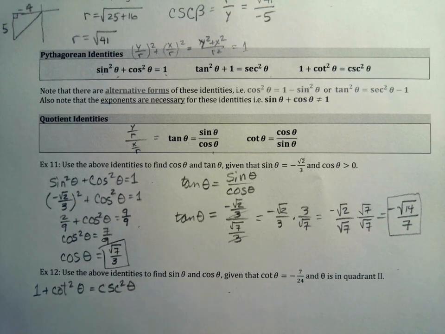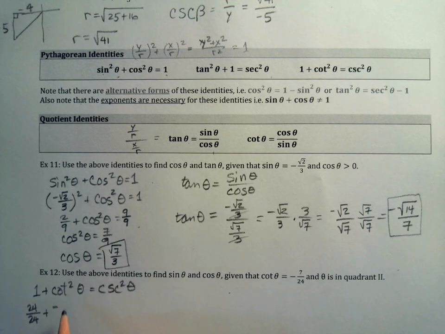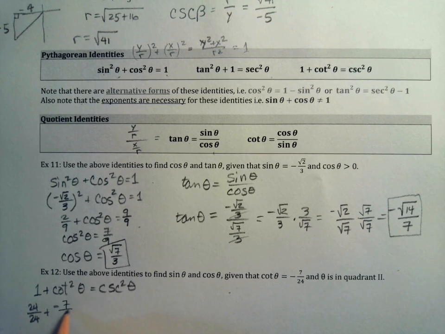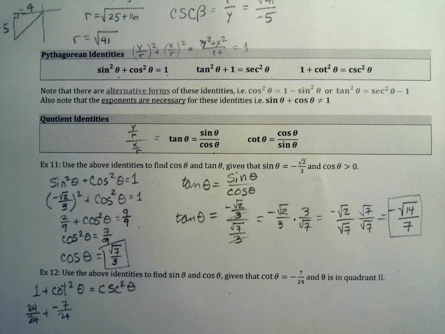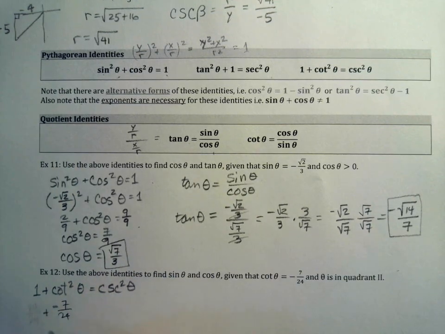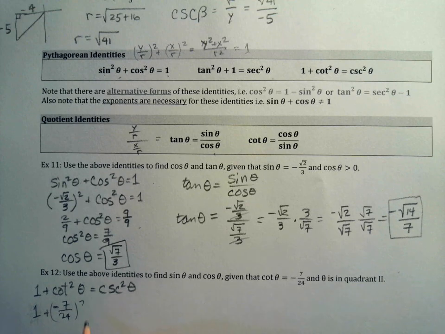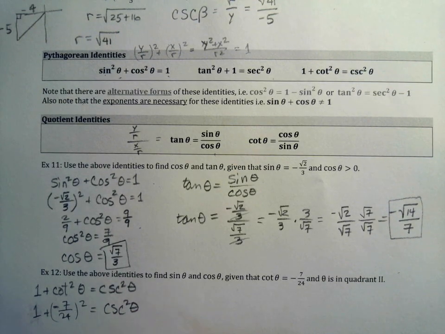All right, and now let's plug in what we know. So I'm going to write this as 24 over 24 plus negative 7 over 24. We'll want to square everything, though. So actually, that would be the wrong thing to use. I'm going to square this, and let's leave the 1 as 1 for now. Square that equals cosecant squared theta.